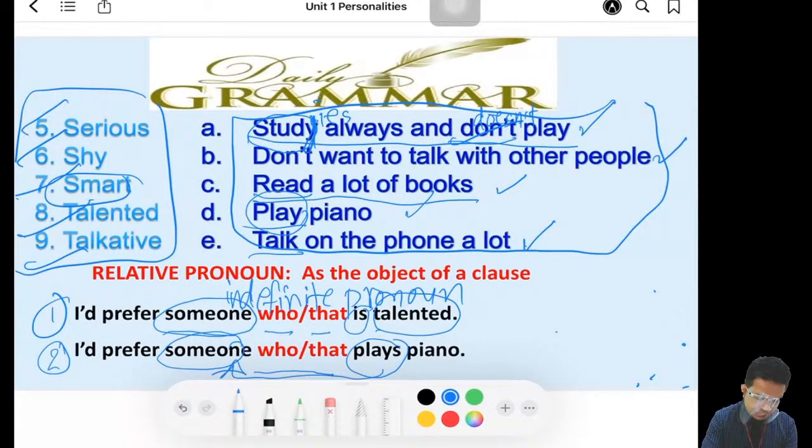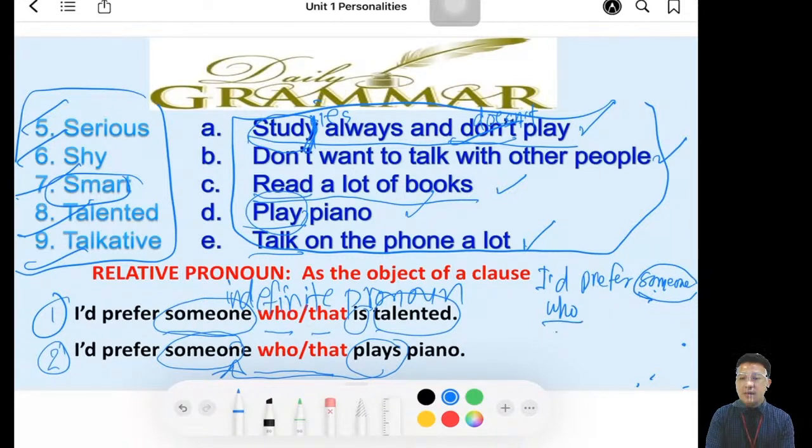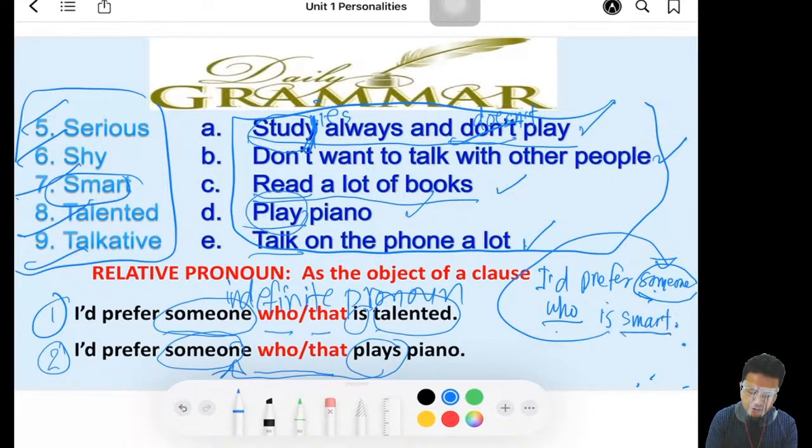For example, I'd prefer someone who, is it is or are? Take note, our object of the clause is someone, and we use the relative pronoun who. Therefore, we're going to use is, because we're talking about someone. Someone is always followed by a singular verb, which is, who is, for example, smart. This is our vocabulary word.